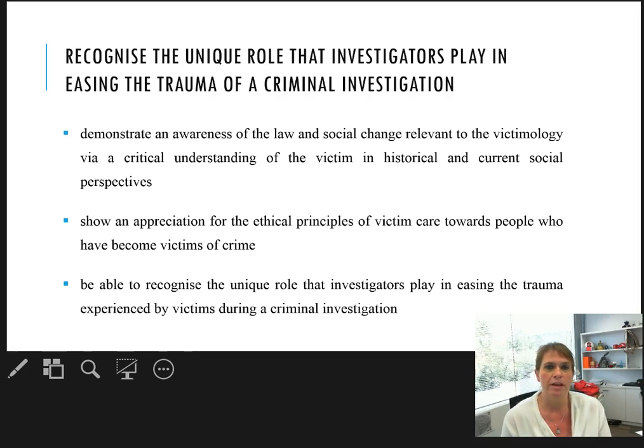The most important thing here is that often victims, particularly of things such as sex crimes or robbery, may walk away from the investigation halfway through because they feel that they are not being understood, and it's often a serious problem for investigators. We will also look at social change and relevant law reform in terms of the investigation process, as well as looking at how we can ease trauma in victims specifically of serious personal crimes.